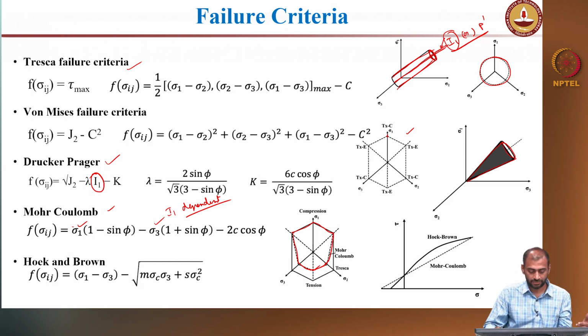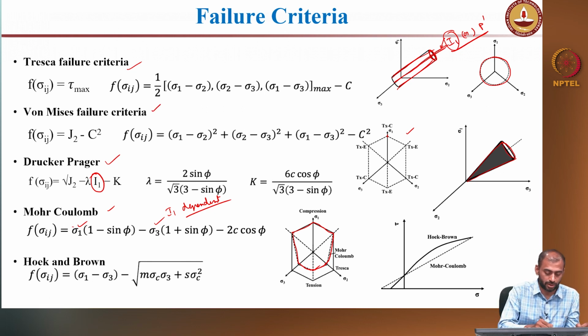And you can see the similarity between von Mises and Drucker-Prager. The failure locus is circular on the octahedral plane in both von Mises and Drucker-Prager failure criteria, whereas the failure locus is hexagonal in case of the Tresca failure criterion, and you see an irregular hexagon in case of the Mohr-Coulomb failure criterion.